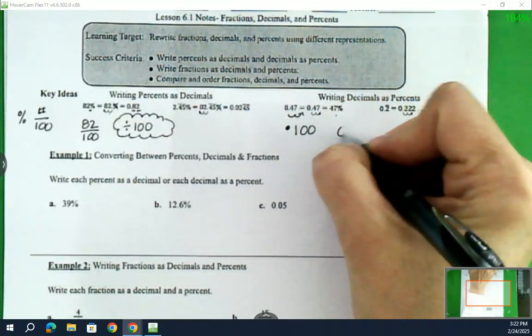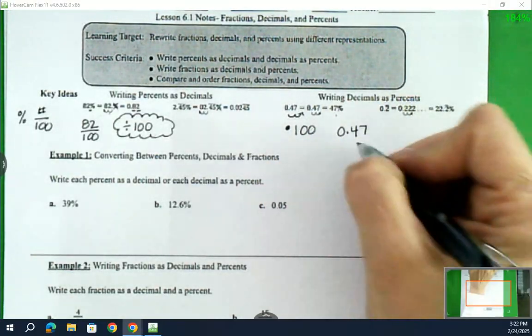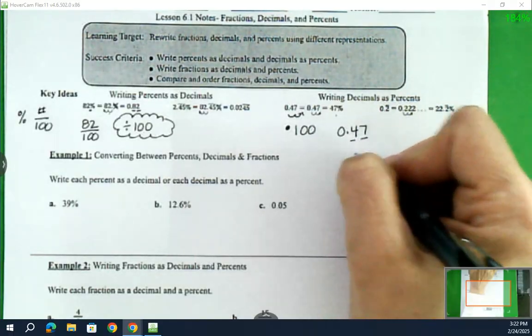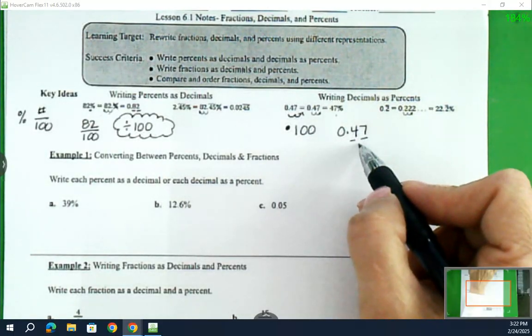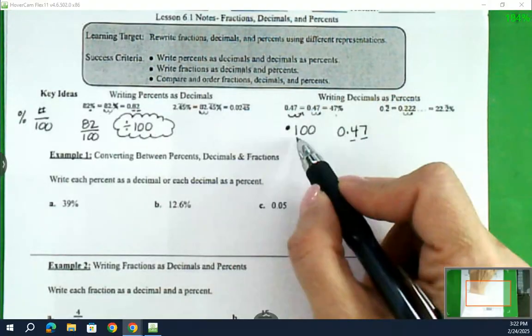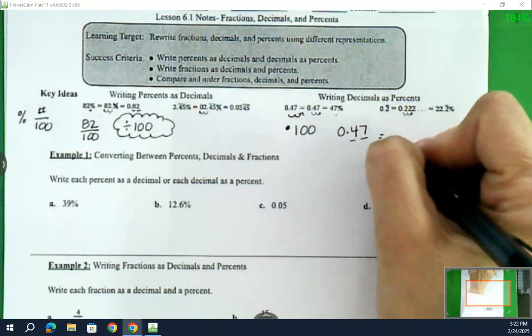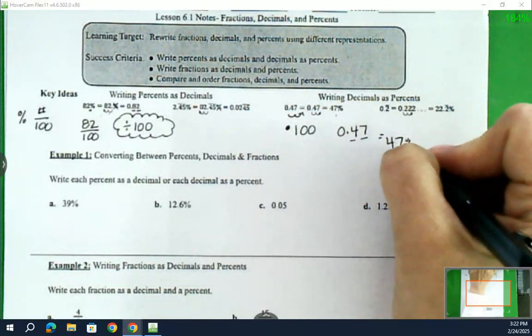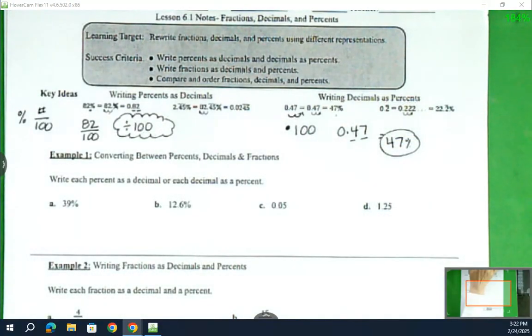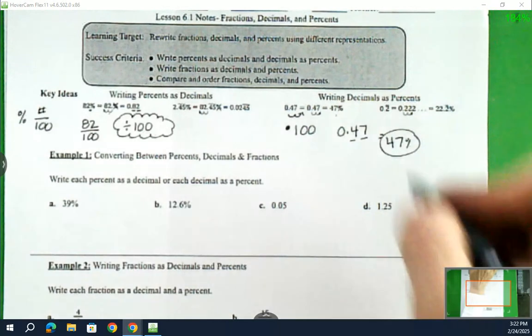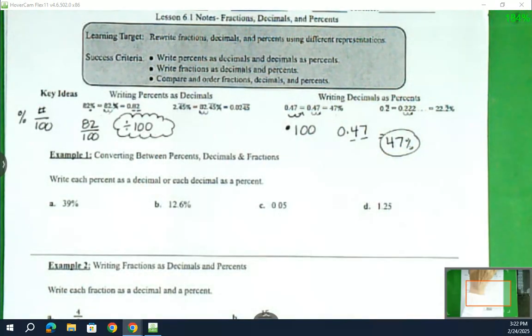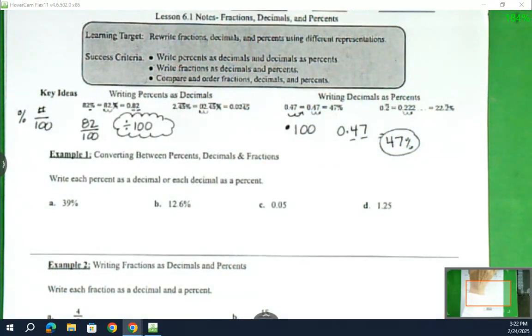So if I have 0.47, I know that this is 47 out of 100, 47 hundredths. If I take this decimal and multiply by 100, I do get the 47, which means 47%. So there's a couple different ways of thinking about converting.